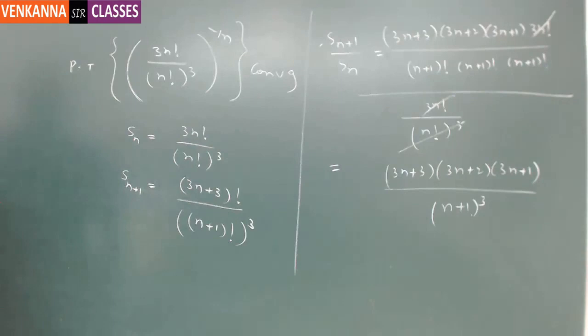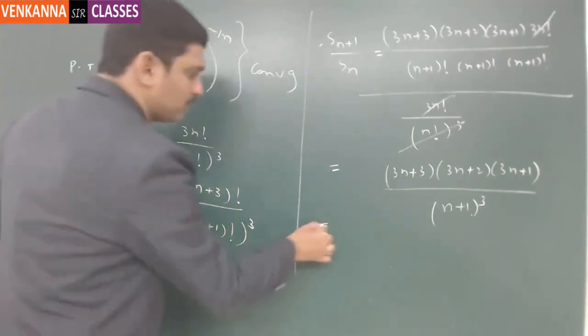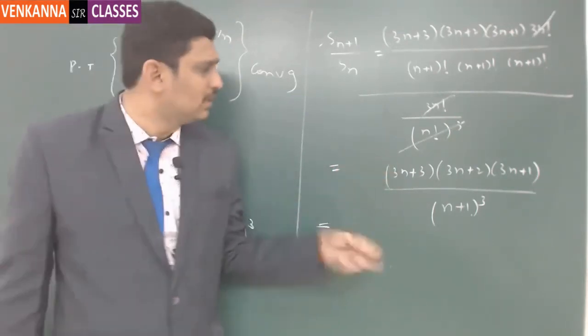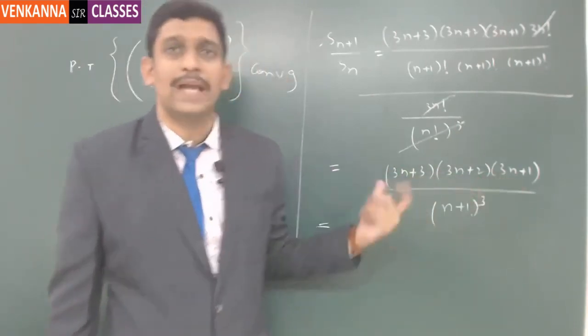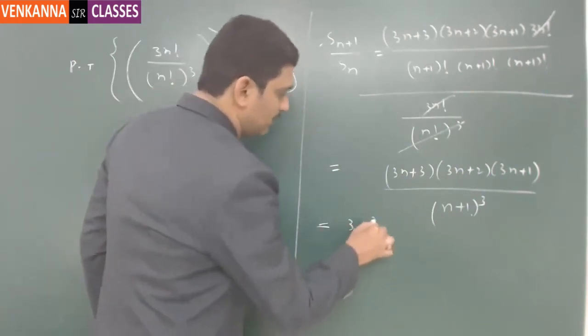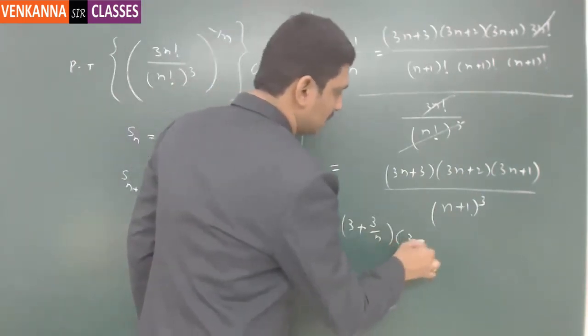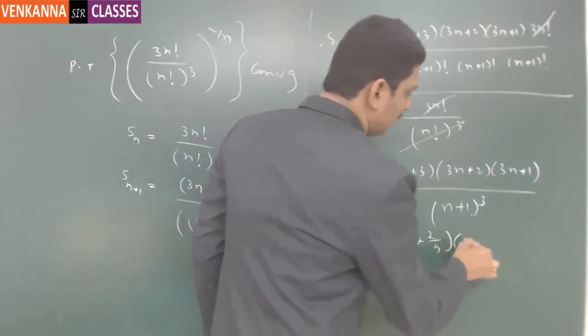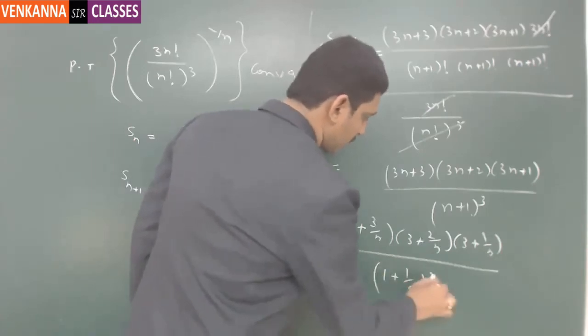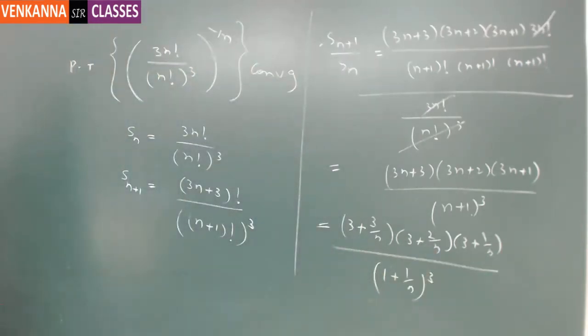Say, will you accept? Yeah. So in the numerator, for each bracketed term, you can take n as common. So n cube will get cancelled. You can take n as common here. So 3 plus 3 by n, 3 plus 2 by n, 3 plus 1 by n, whole by 1 plus 1 by n whole cube.